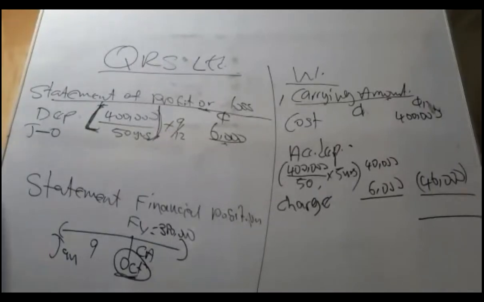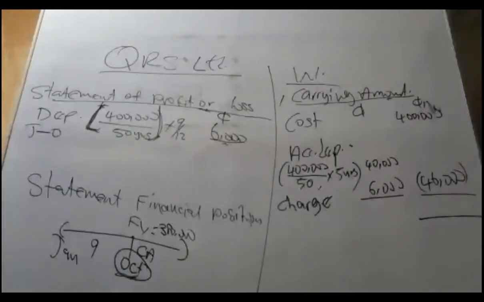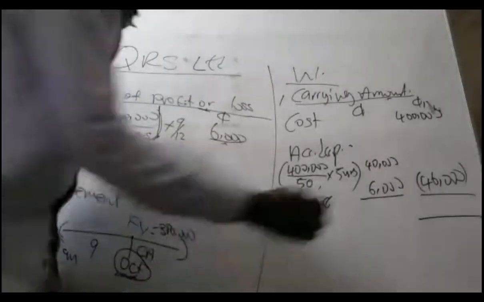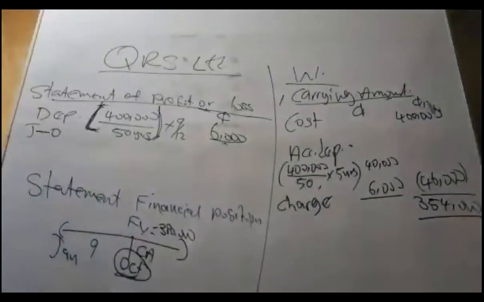So, therefore, the carrying amount will be 400 less 46,000. So that will be 354,000. That is the carrying amount. So 354,000 is the carrying amount.